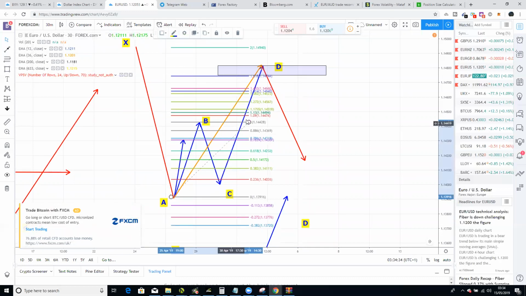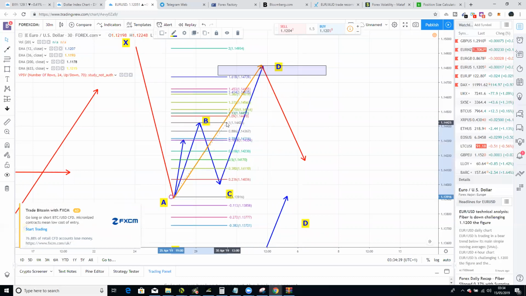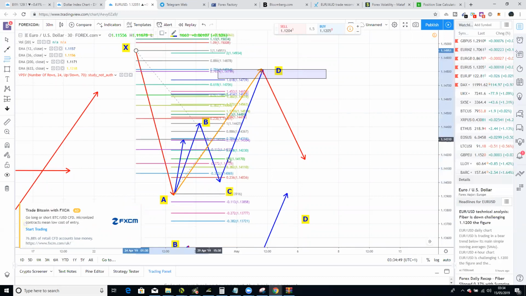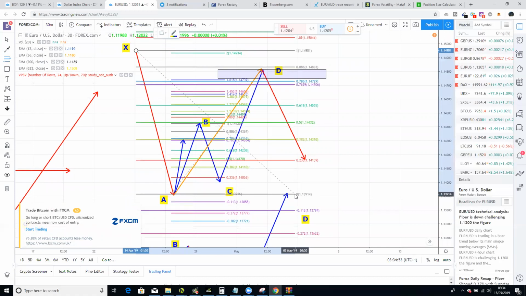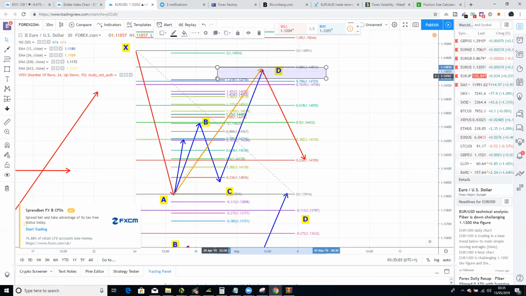This gives us much higher probability zones where things can confluence together and make a lot of difference in trading decisions. So now we are checking the confluence of the 88.6 of the X to A and the 1.618 of the A to B. And that is giving us an entry zone right here, all right?